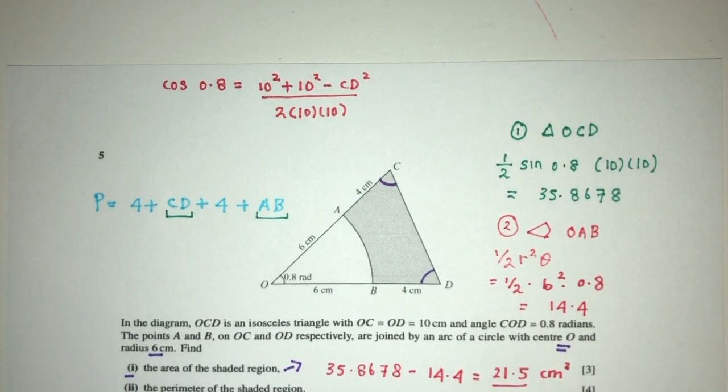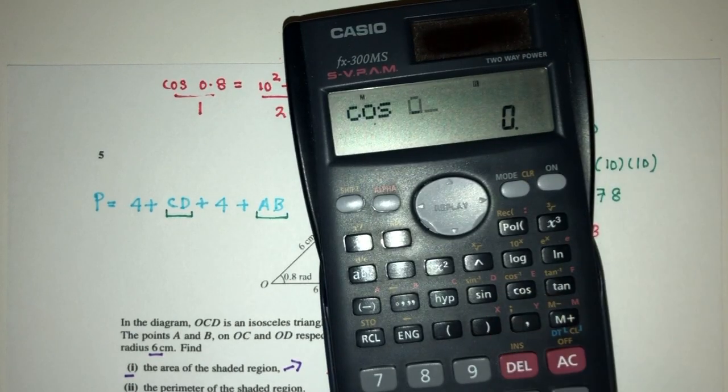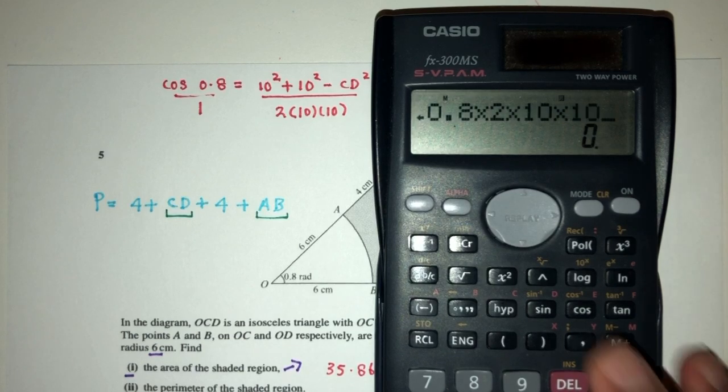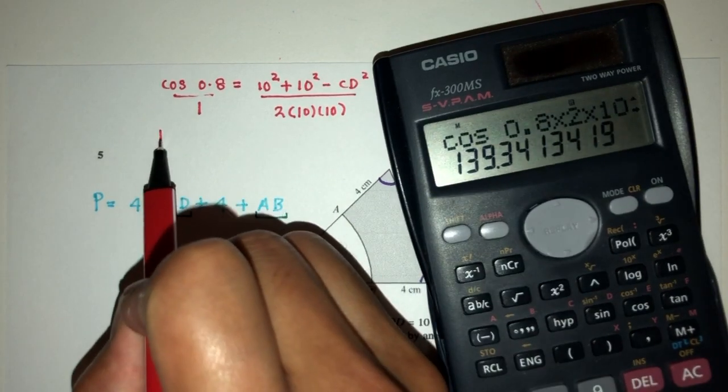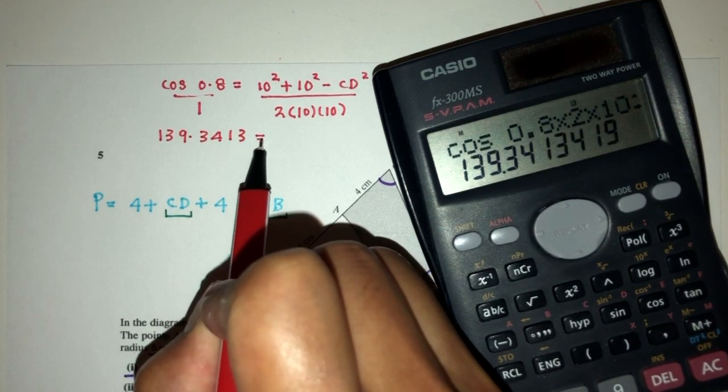Okay, so let's simplify and solve for the value of CD. So cos of 0.8 times 2 times 10 times 10, that will be 139.3413.